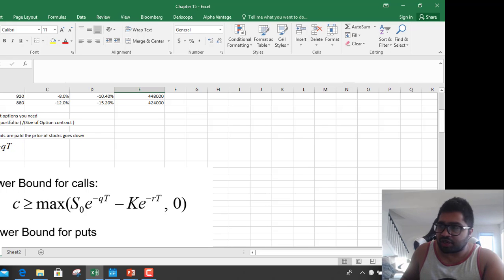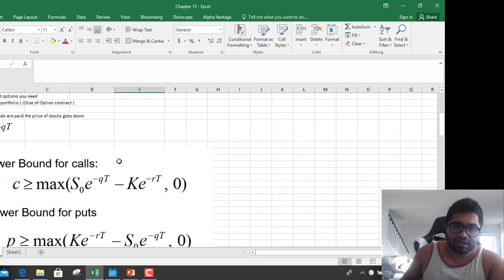In formulas that we have already discussed in previous modules, whenever you see S0, you have to substitute S0 by S0 multiplied by e^(-qT). Why do we do that? Because the stock price is going to go down, so you have to discount S0 by the dividend yield.